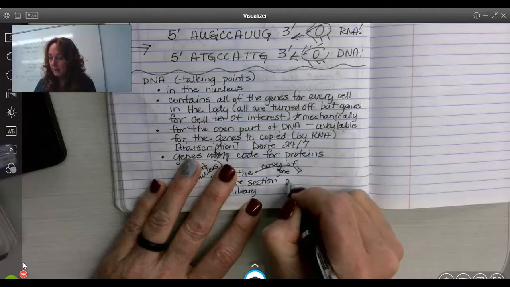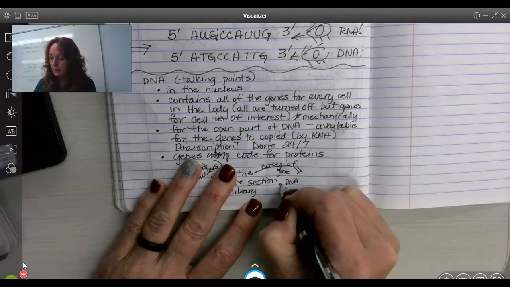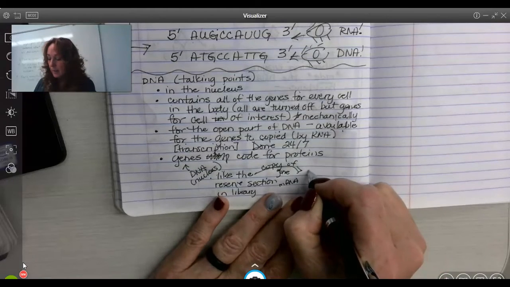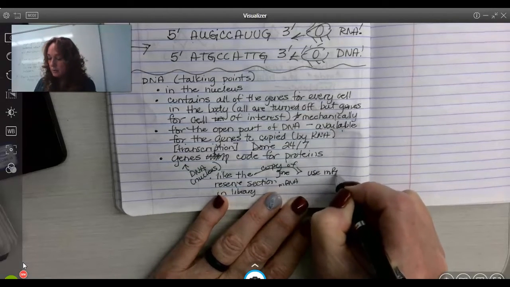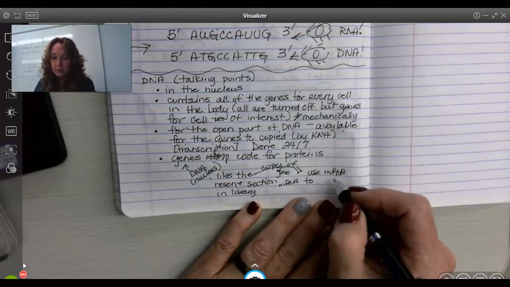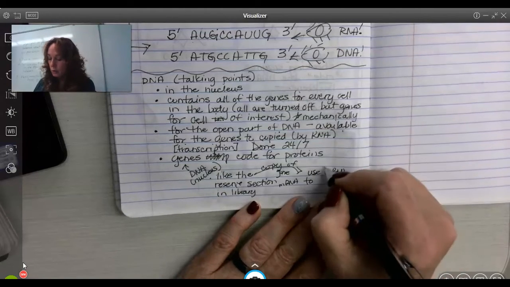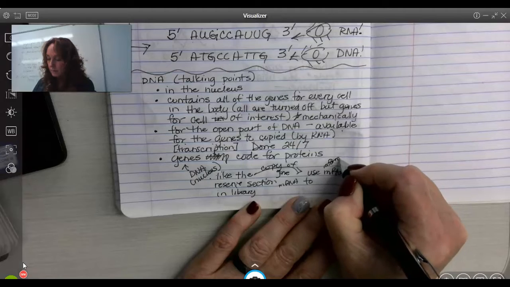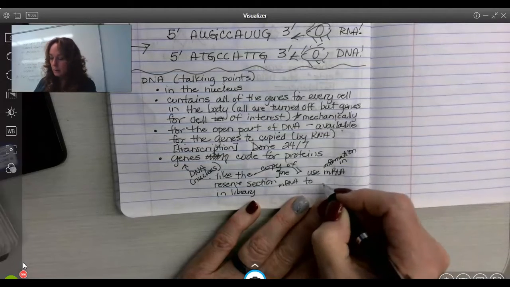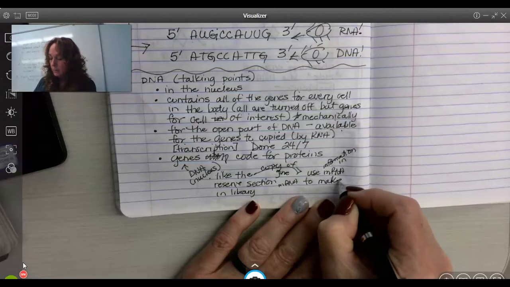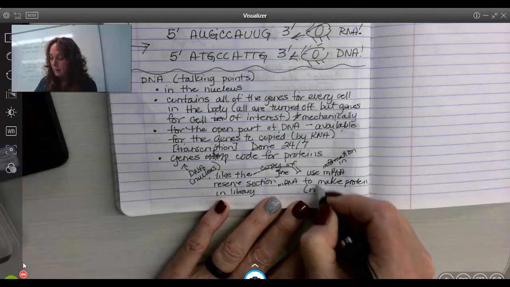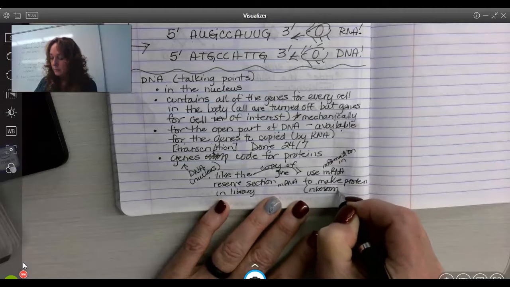That's RNA. Actually, it's messenger RNA. And then you're going to use that information. So you're going to use the information in messenger RNA to make a protein, and that's going to be at the ribosomes.